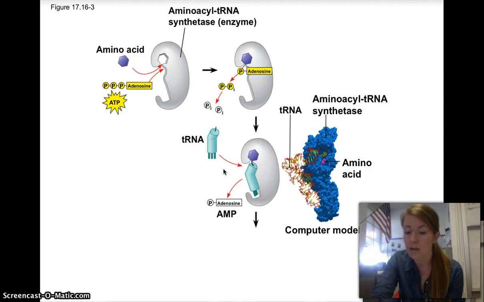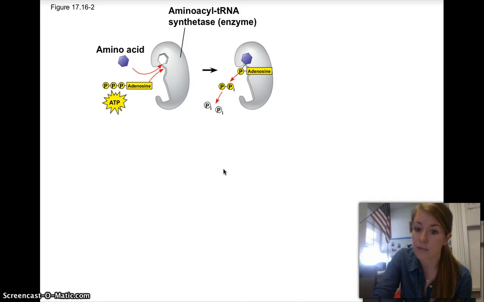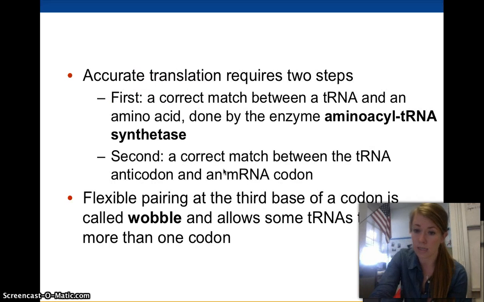That way we have our tRNA that has the amino acid on it. So that's the important first step, is we need the amino-acyl tRNA synthetases to correctly attach the amino acids to the tRNAs. And we need a different amino-acyl tRNA synthetase for each of the amino acids. So there's 20 different kinds of amino-acyl tRNA synthetases.